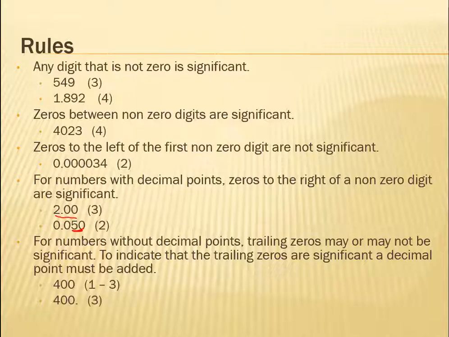So this is ambiguity. If you have a number like 400, this can have 1 sig fig or 3 sig figs. And here it matters. I know they're to the left, but it is a number without a decimal point, or it's actually in the part before the decimal point.